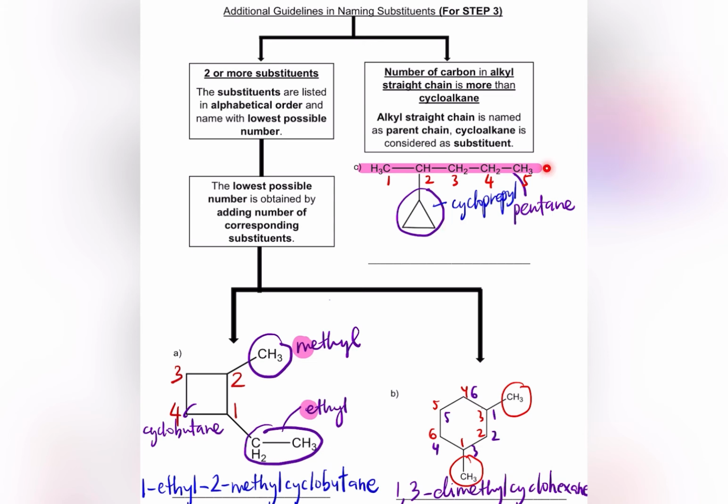If you start from the right, you will get 4 here. That is not the lowest one. So the full name for this structure will be 2-cyclopropylpentane. So this is going to be the full name for structure C.